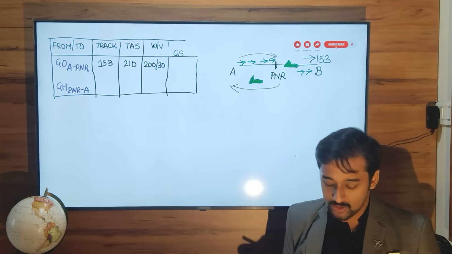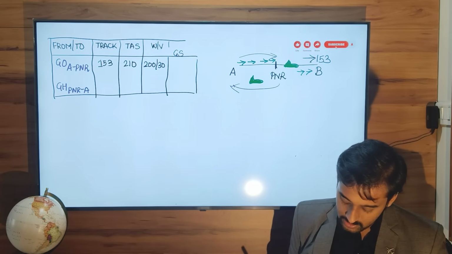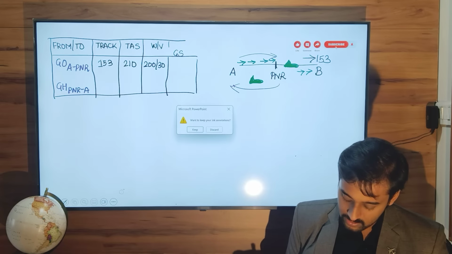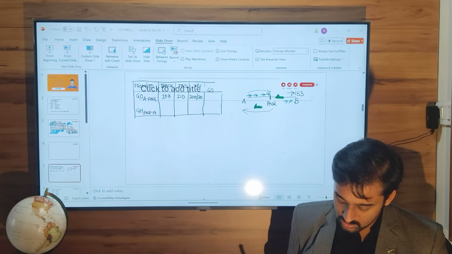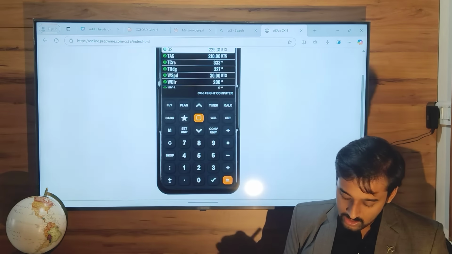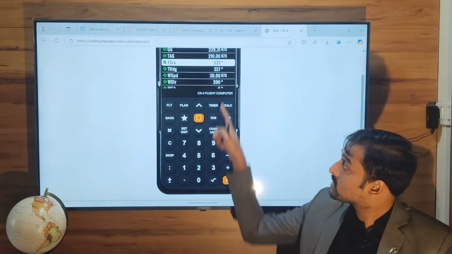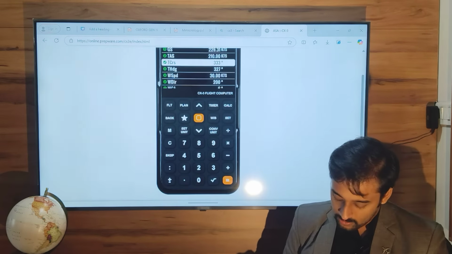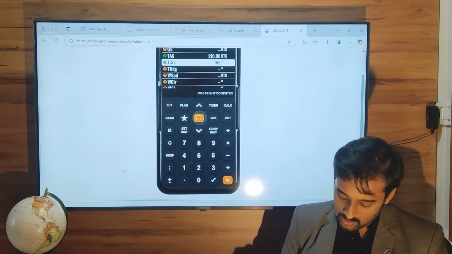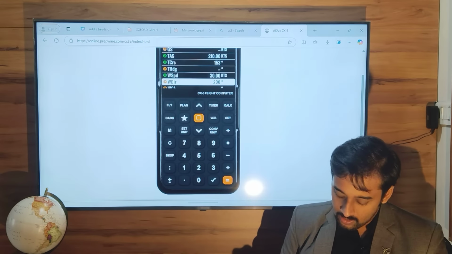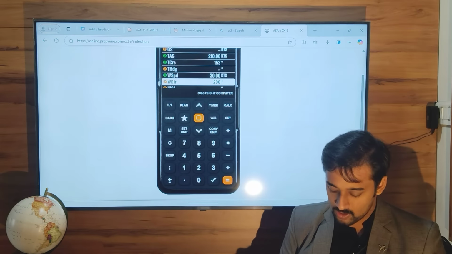Now what will be the ground speed? Let's put the values in your CX3. True airspeed is 210. Your true course is 153, so put 153 there. Wind speed is 30. Wind direction is 200.